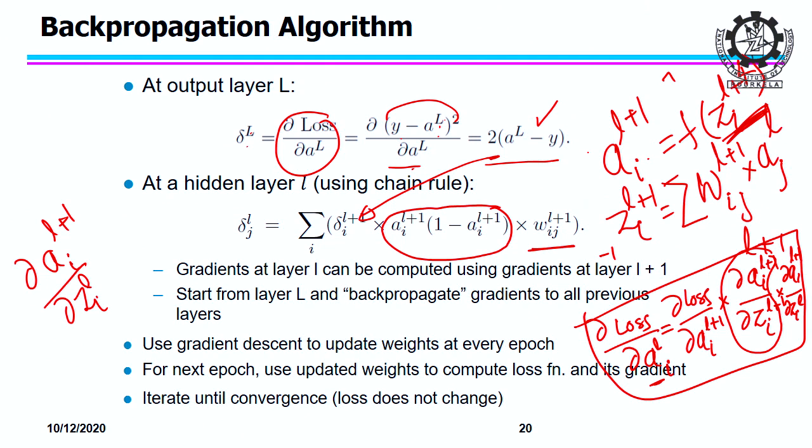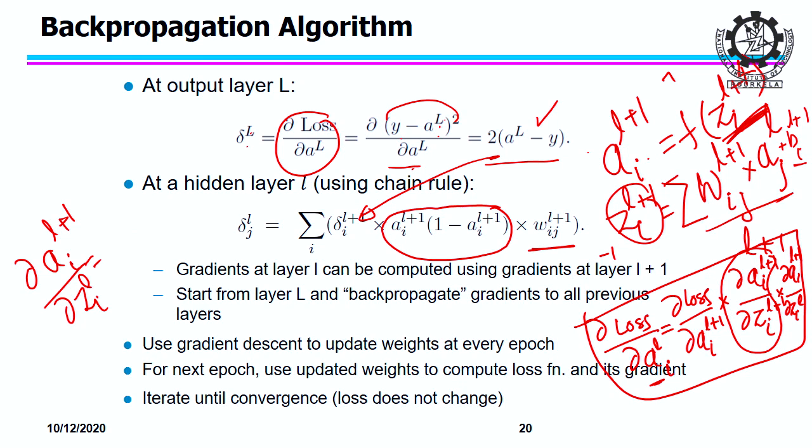Now, we compute with respect to this one, which is nothing but A_i^L. If you compute this value, as I said earlier, there is obviously a term B_i^(L+1), but this is a constant, and the constant sum will be 0.